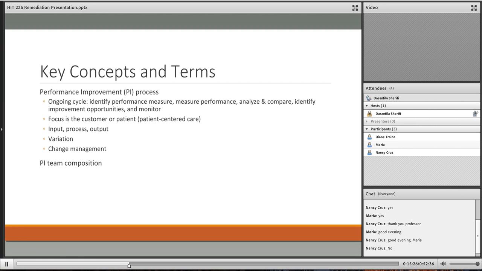The composition of the team should reflect the needs of the project, the needs of that team. If the project requires a greater diversity, you want to make sure that you capture that and you bring people in from different areas so they can have a say, they can have input on the process. Does it make sense?